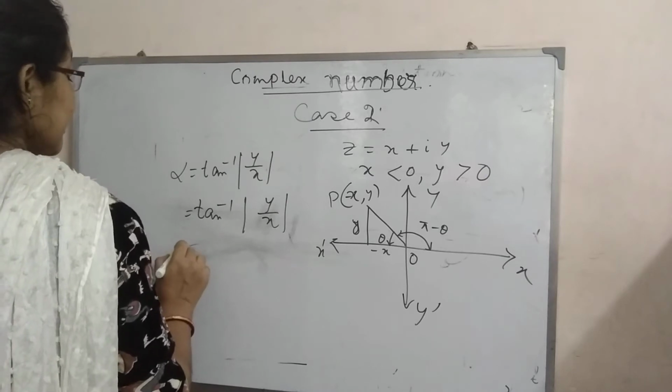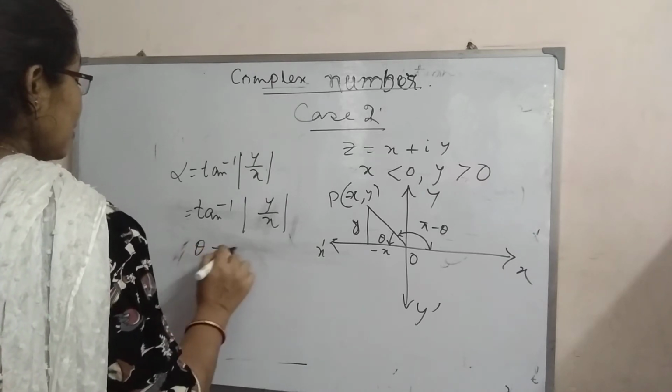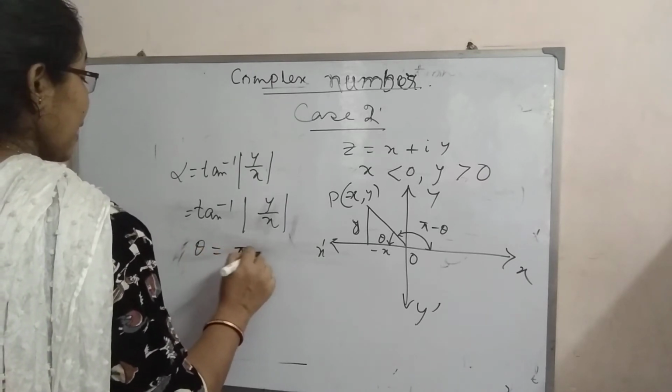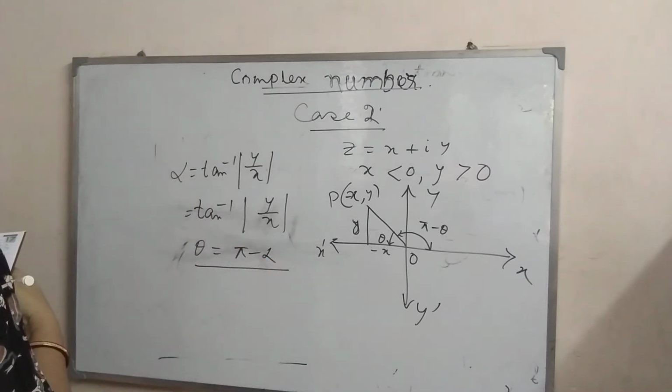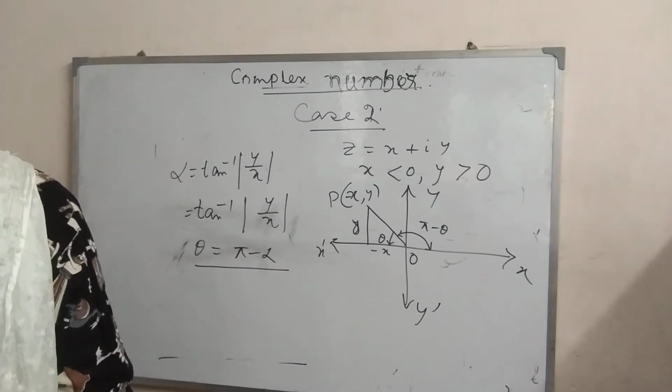Theta equal to pi minus alpha. Here theta equal to pi minus alpha. Pi minus alpha is the amplitude of z.